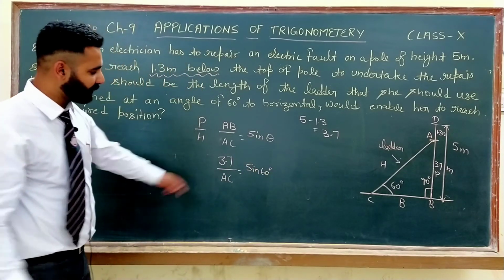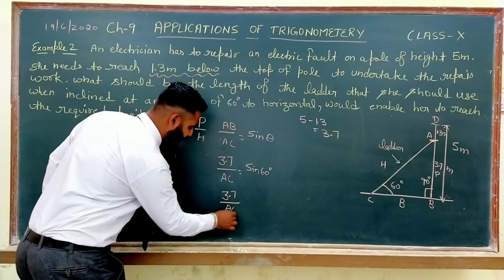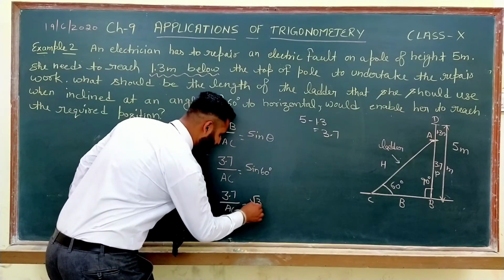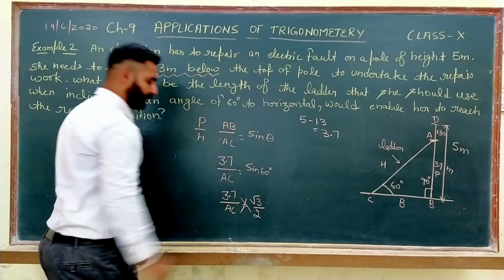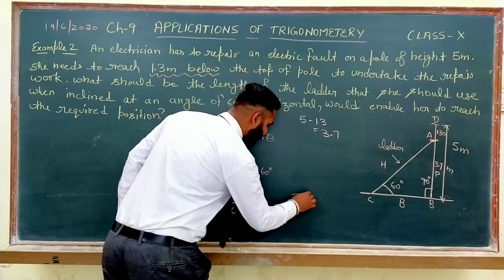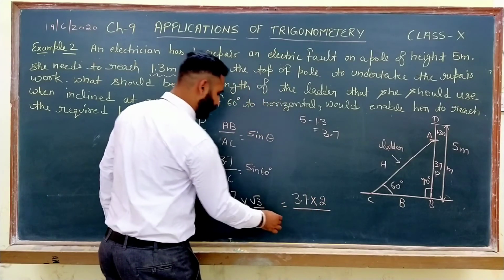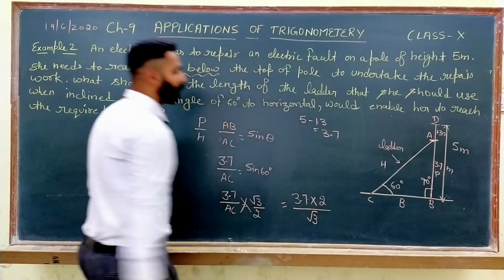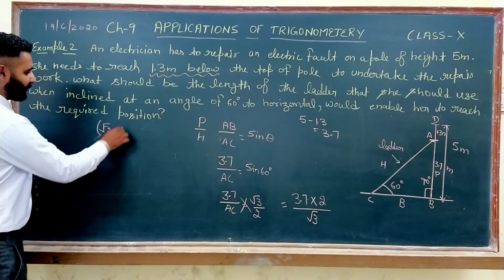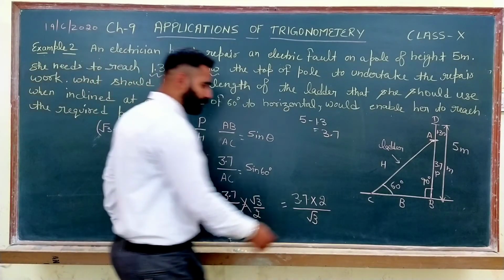Fine. So further, 3.7 upon AC, and the value of sine 60 is under root 3 upon 2. Cross multiply. So 3.7 will become 3.7 multiplied by 2 upon under root 3. Now if you check, in the question one thing is given to you: take under root 3 equal to 1.73. This value is given to you in the question only.